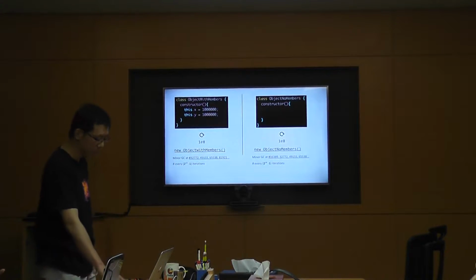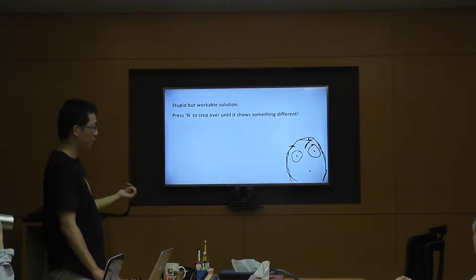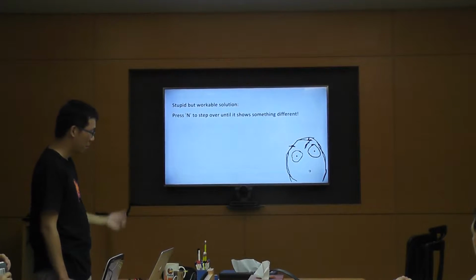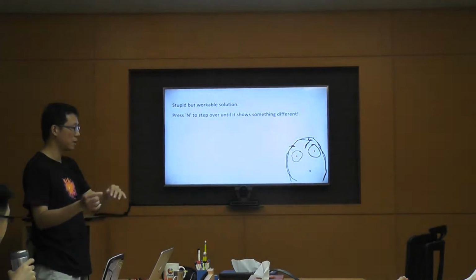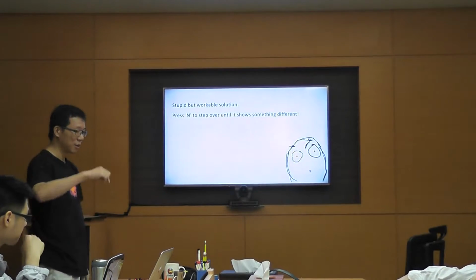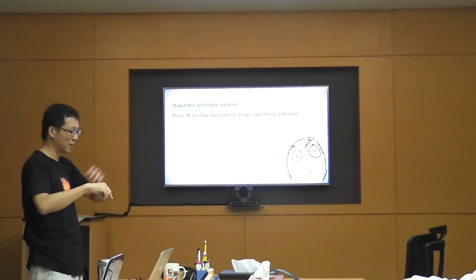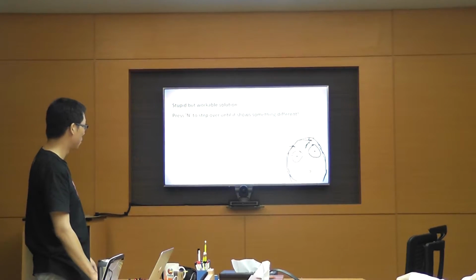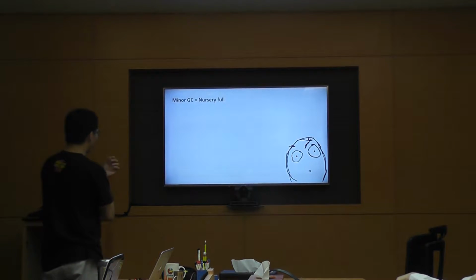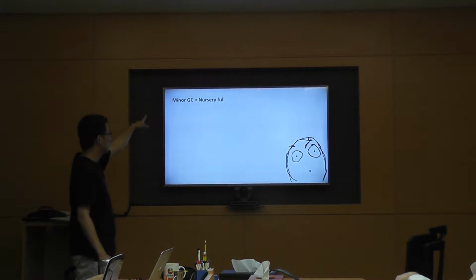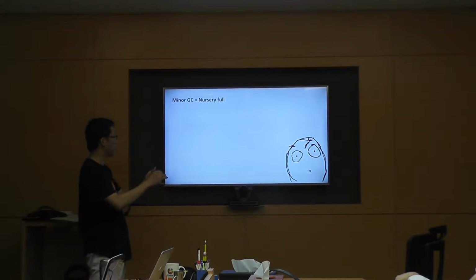So the next topic is about our GC. Basically, this is a very stupid way to debug the program. You just print out logs and put the program inside the debugger and press N to step over the line again and again to find something you can use. But it works. According to the result, I know we have an area in memory named nursery.